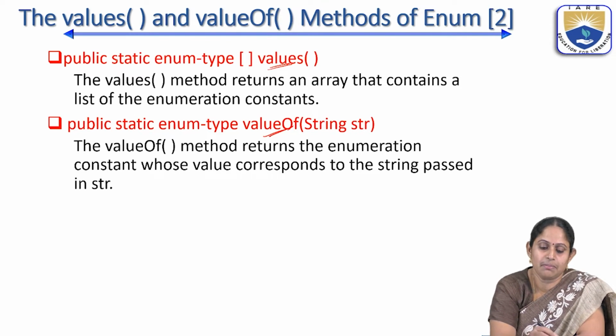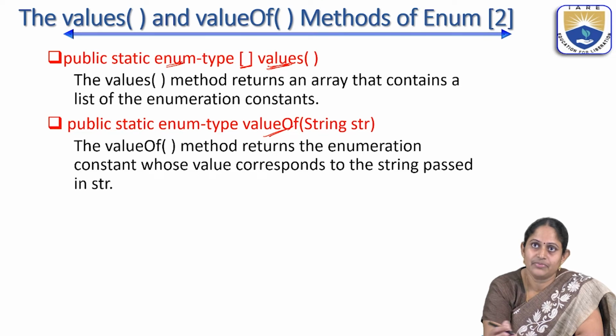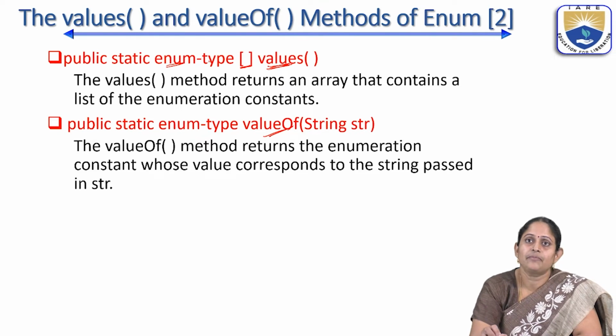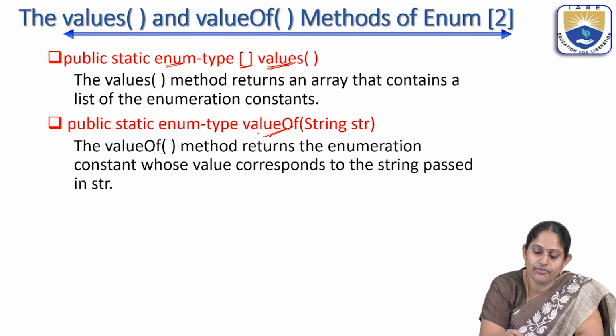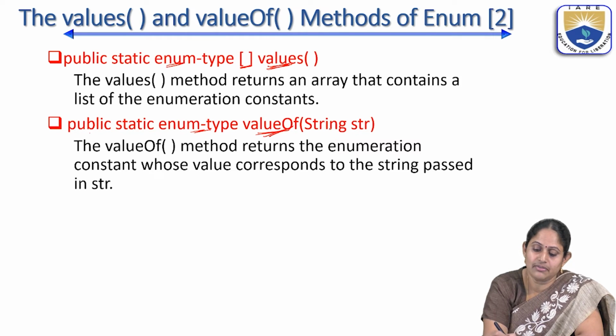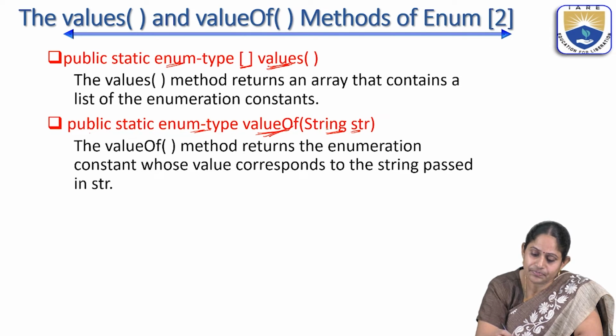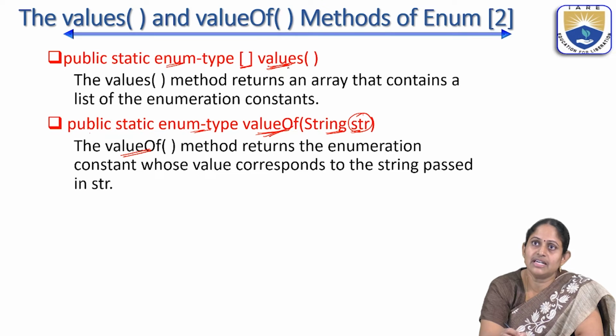The general form of the values method is public static enum-type array values. This values method will return an array that contains the list of enumeration constants. The general form of the valueOf method is public static enum-type valueOf, where we pass some string as an argument. The valueOf method returns the enumeration constant whose value corresponds to the string passed in str.